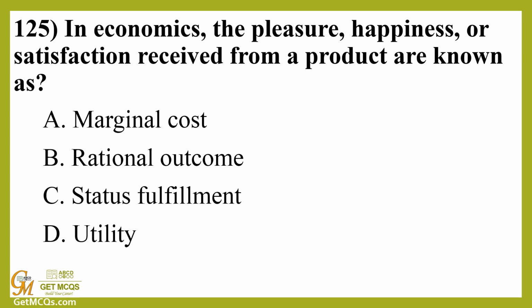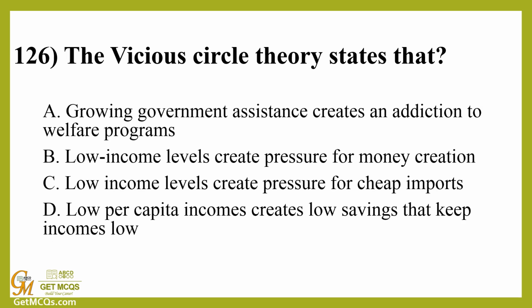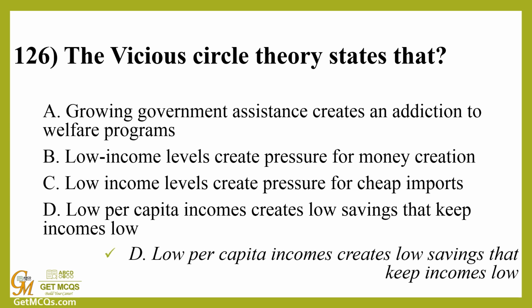In economics, the pleasure, happiness, or satisfaction received from a product is known as D. Utility. 126. The vicious circle theory states that D. Low per capita incomes create low savings that keep incomes low.